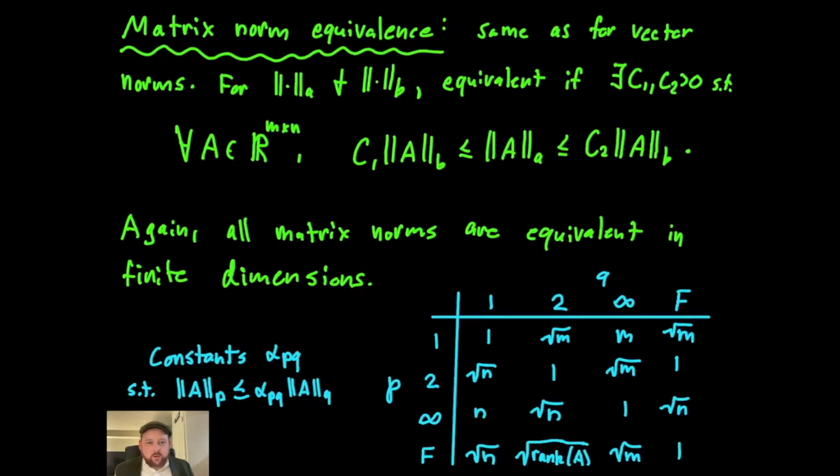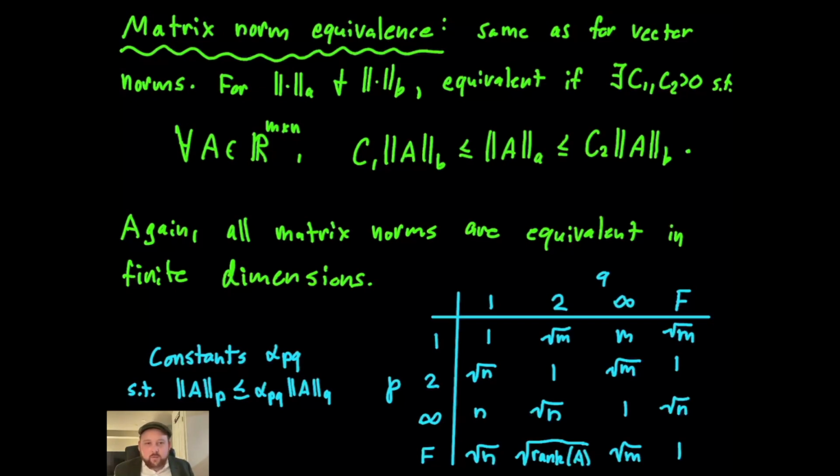Okay, the last thing we're going to talk about, like we did for vector norms, is the equivalence of matrix norms. What is the definition? It's essentially the same thing as we defined for a vector norm.